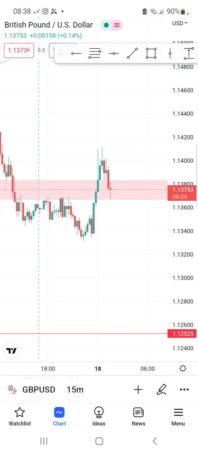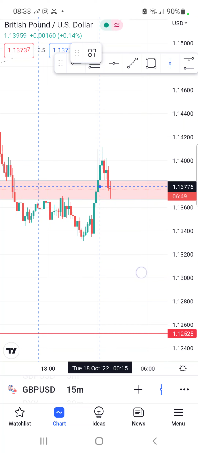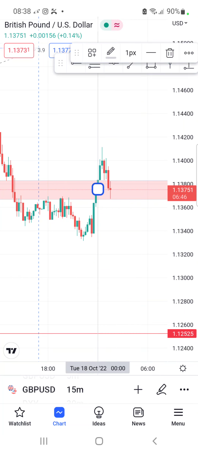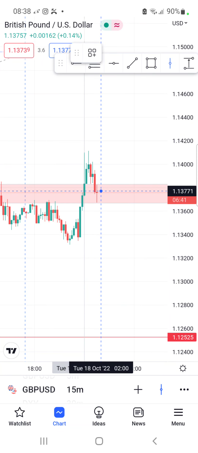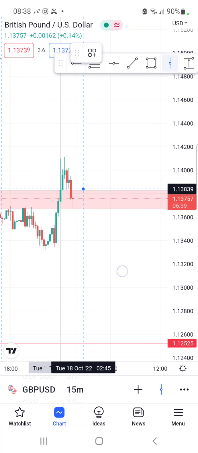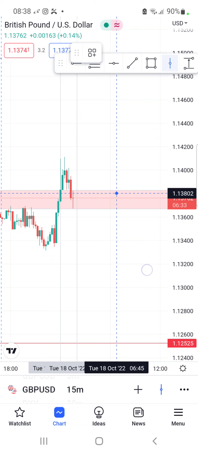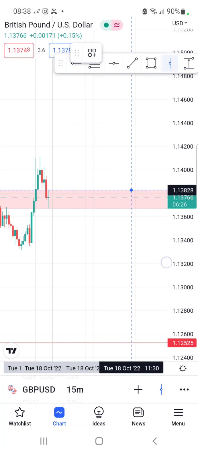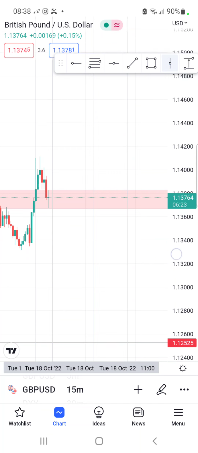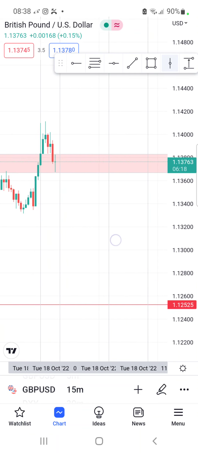Then I map out my time zones: midnight New York time, 2 a.m. New York time, then we go to 7 a.m., which is usually the retracement, up to 11, right? Those are my trading zones, times, that is.